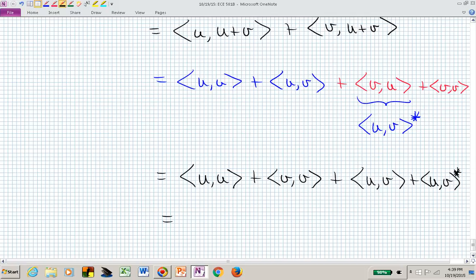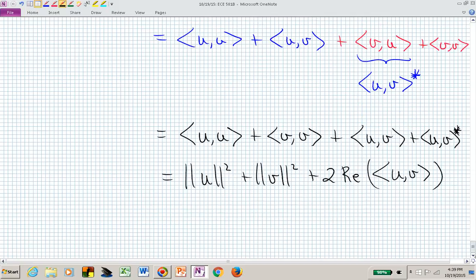The imaginary component goes away, doesn't it? And I'm just left with twice the real piece. So I can rewrite this as the norm of u squared plus the norm of v squared plus 2 times the real part of the inner product of u with v.